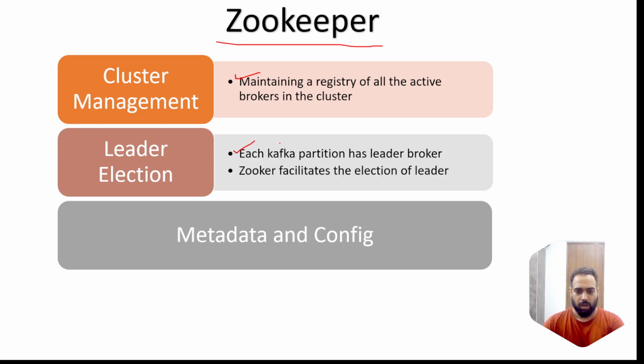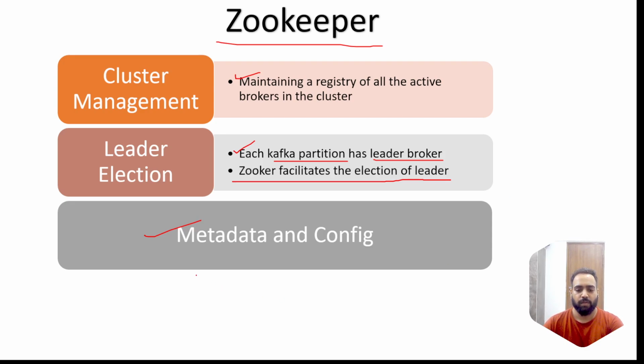Zookeeper also manages the partitions and takes responsibility for the leader broker. Zookeeper facilitates the election of the leader, so there is one leader and the others are followers. It also handles the metadata and configuration for the Kafka brokers.